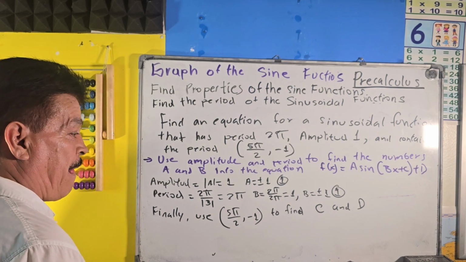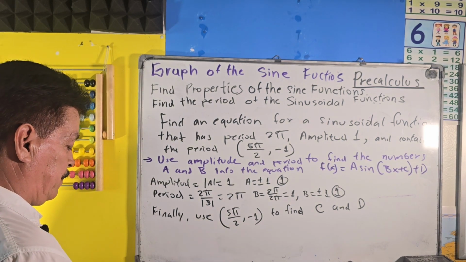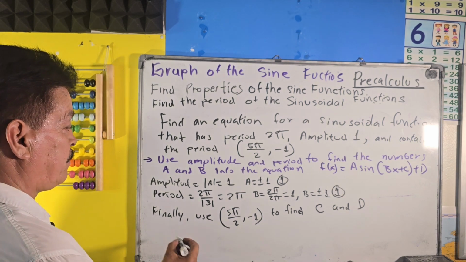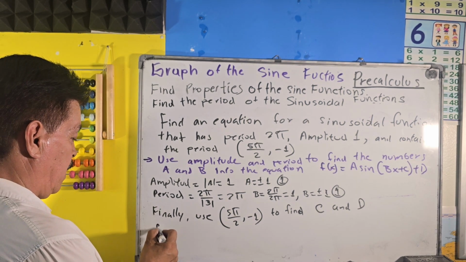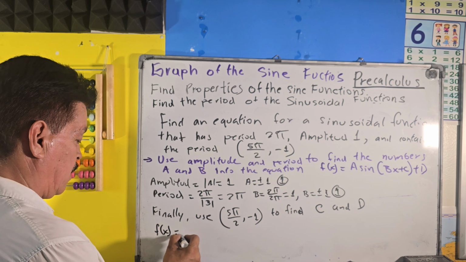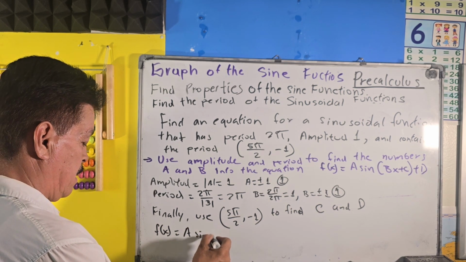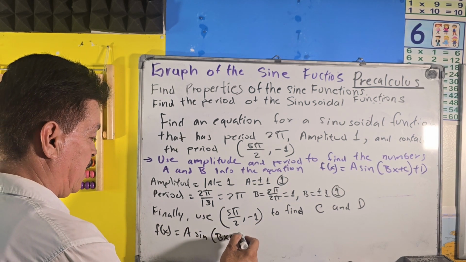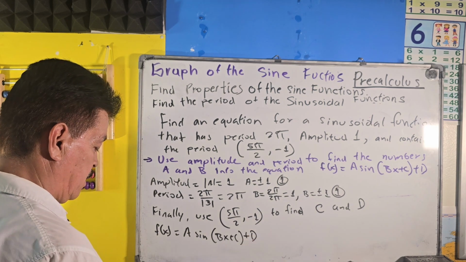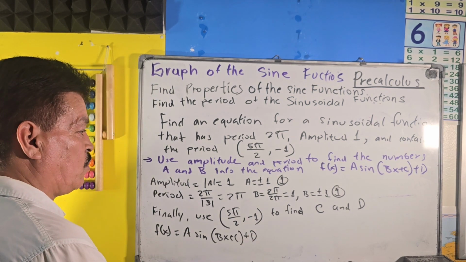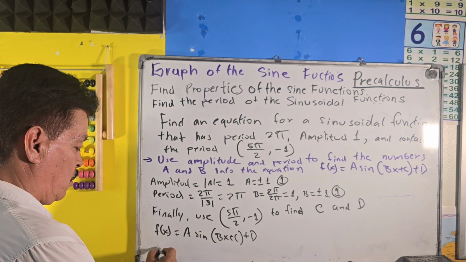So if we have f of x equals a sine bx plus c plus d, we have to substitute here.